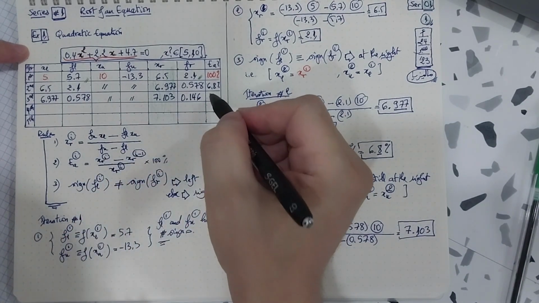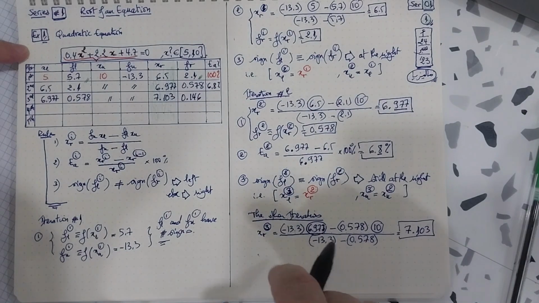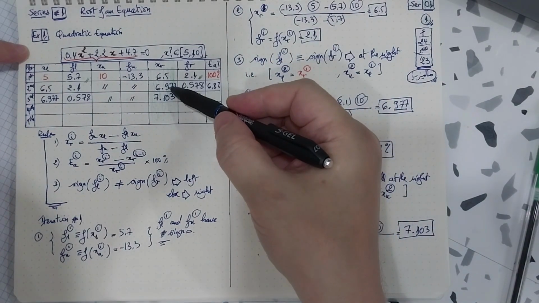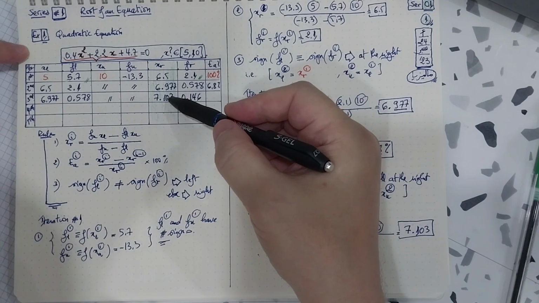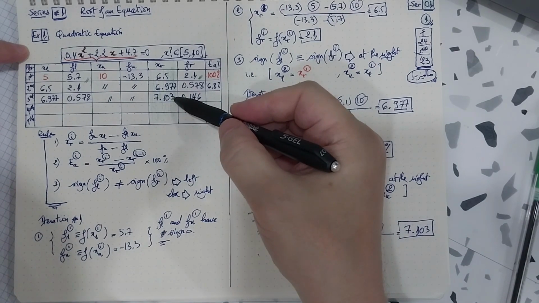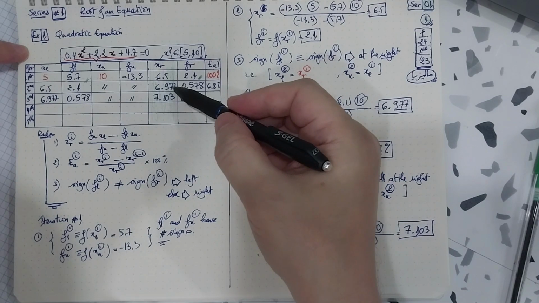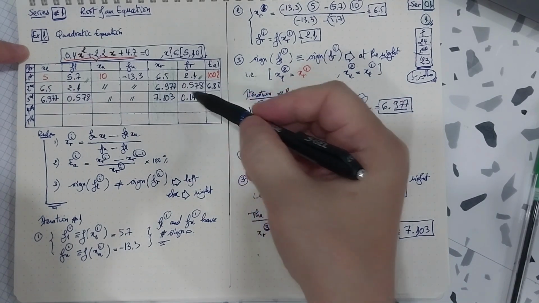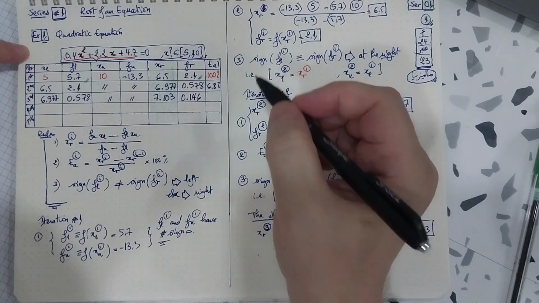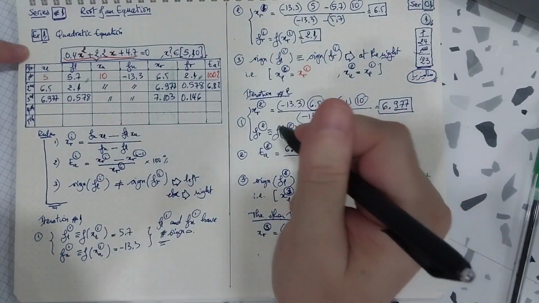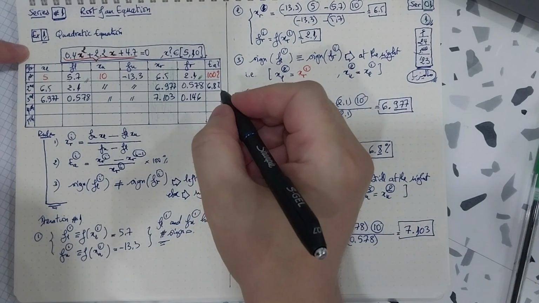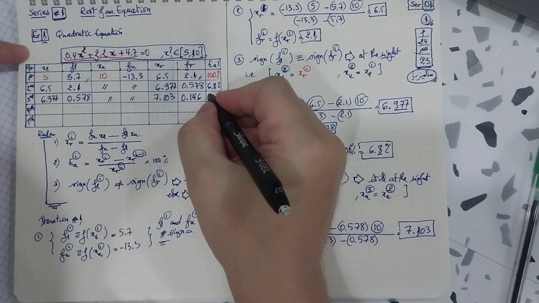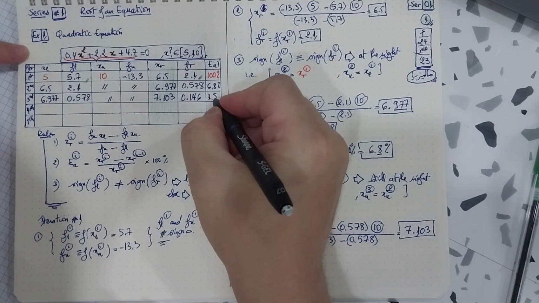Let's do now the error. The error, we also don't have to write it down, it's very simple. The current minus the previous over the current: 7.103 minus 6.977 over 7.103 times 100. And you'll find with the calculator, check with me, 1.8%.